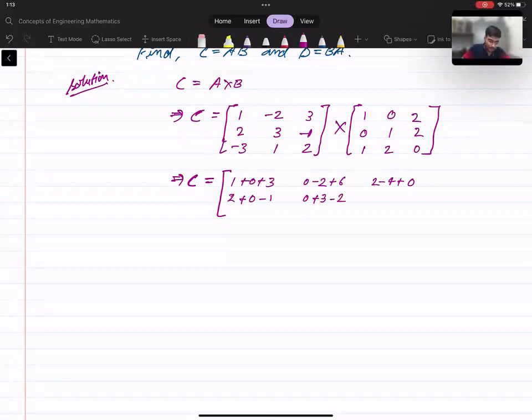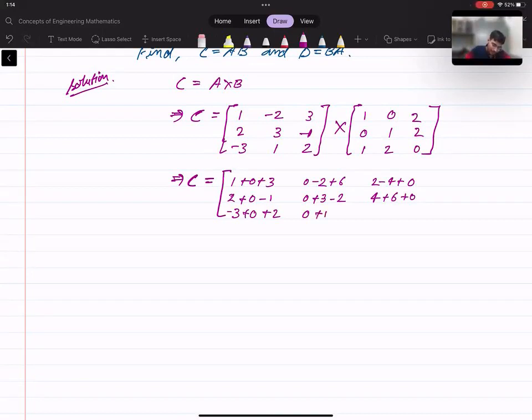Then we have the multiplication of second row of A with third column of B. So this will be 2 into 2 is 4, then 3 into 2 is 6, then -1 into 0 is 0. Okay. And similarly here, third row of A multiplied by first column of B. So -3 plus 0 plus 2, and then 0 plus 1.